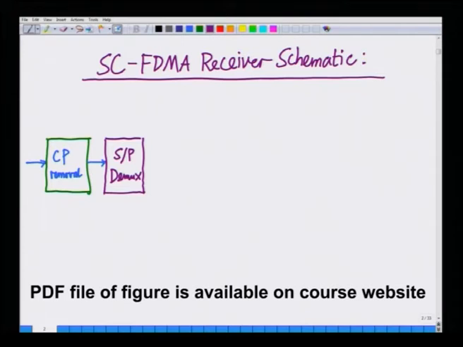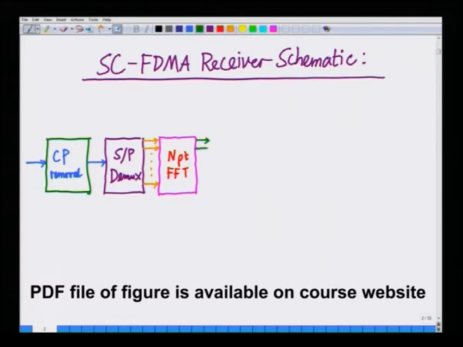That is, I am going to block into the original FFT size, the original IFFT size, which is N subcarriers. Similar to what I had earlier, I am going to have N subcarriers over which I perform N point FFT.